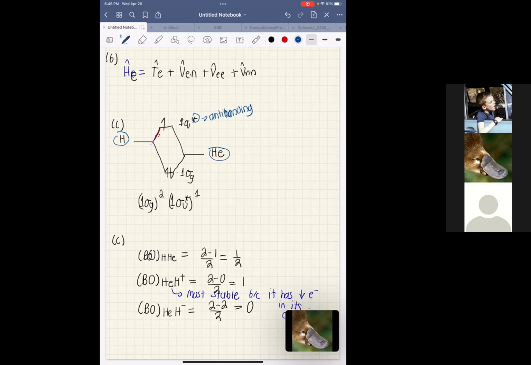Can I say I have 2 electrons for helium, and that completes a whole, and then I add 1 more electron, then it doesn't have a pair, then it'll be antibonding. It's antibonding when there's an electron in this orbital.